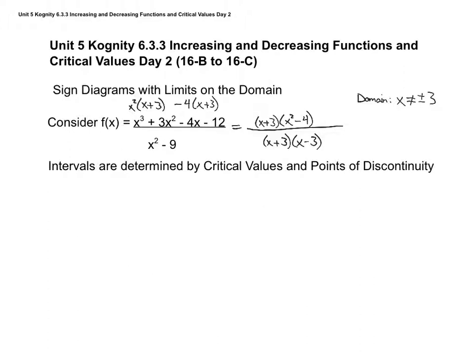Now when you have a rational function like this and you see limits on the domain, those limits either give you an asymptote or a hole. So let me ask you, what does negative 3 give us?